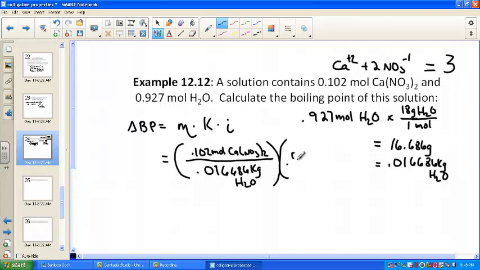We are boiling, so the boiling point elevation constant, 0.512 degrees Celsius per molal, and the Van Hoff factor of 3. What's that new boiling point? Moles of solute, 0.102 divided by 0.016686, times 0.512, the boiling point elevation constant for water, times the Van Hoff factor of 3.